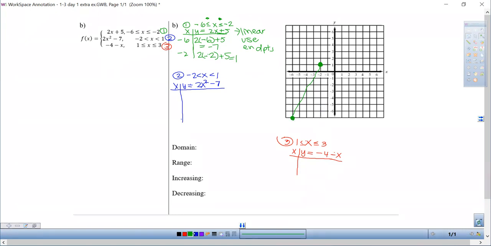The next piece is, as we just said, quadratic. So if I have a quadratic graph, and I know that because it's squared, I want to use all values between my endpoints.